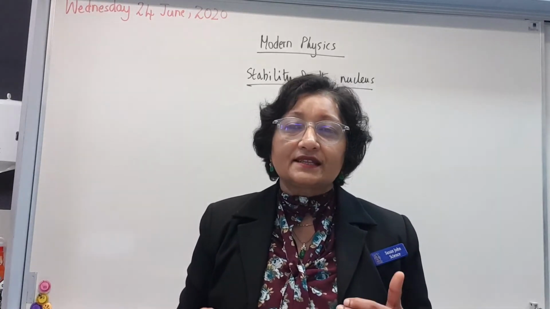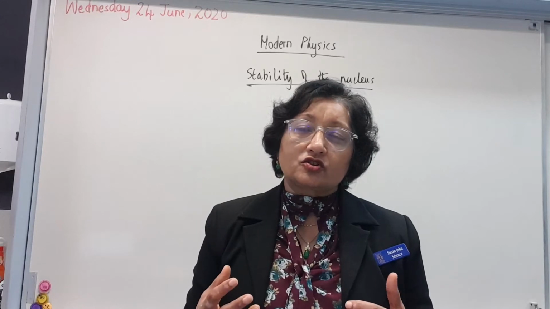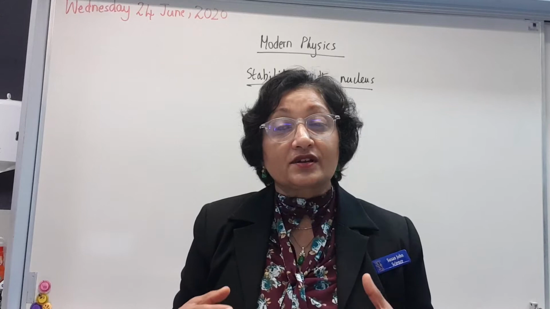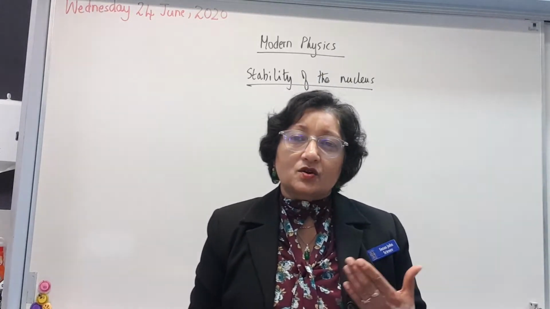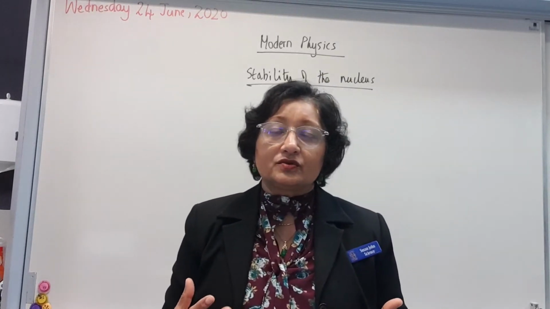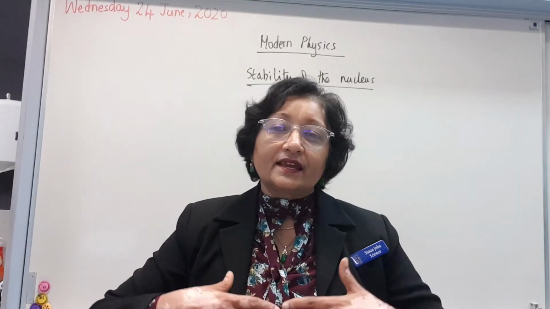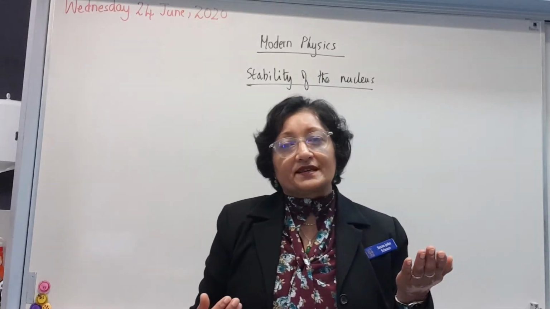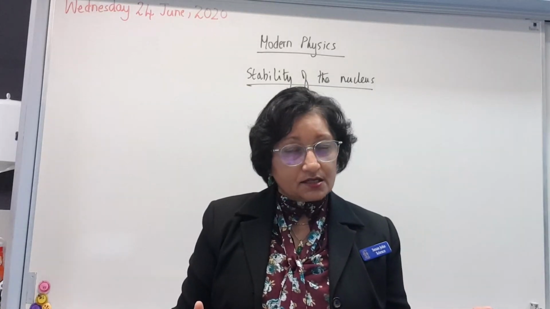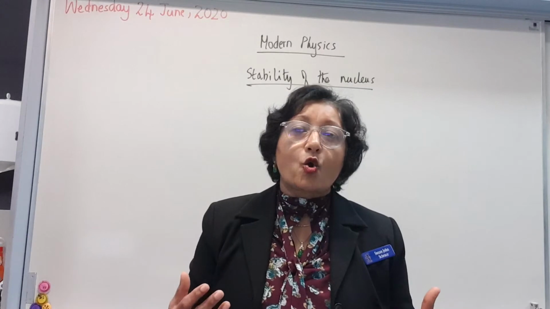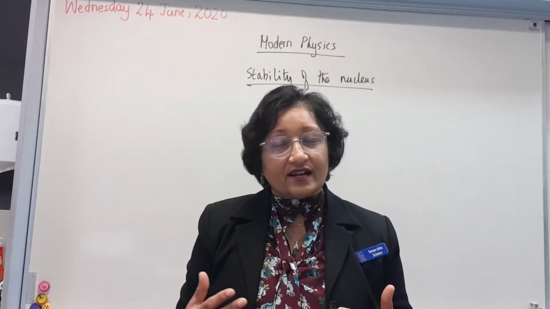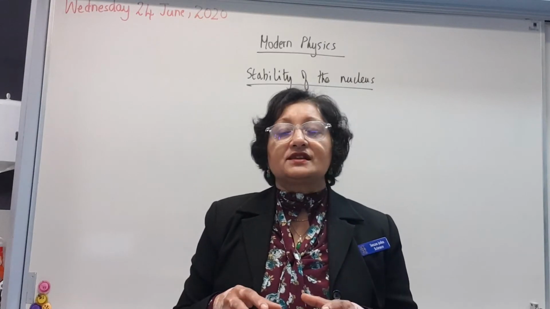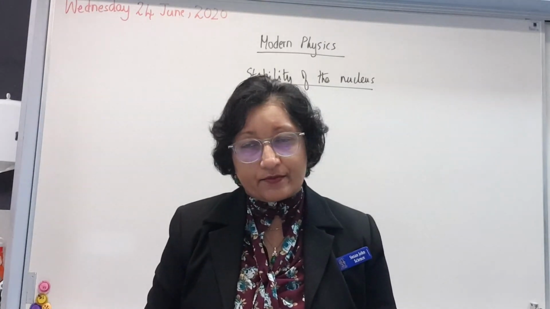So the moment there is a difference in the proton-neutron ratio, that's when the nuclei tends to be unstable. And what unstable nuclei do is, in an effort to become stable, they give out energy in the form of radiations. And this radiation could be emitted as an alpha particle, or a beta particle, or a gamma ray. Okay, so we've learned about radioactivity last year. So this is a nucleus trying to become more stable.